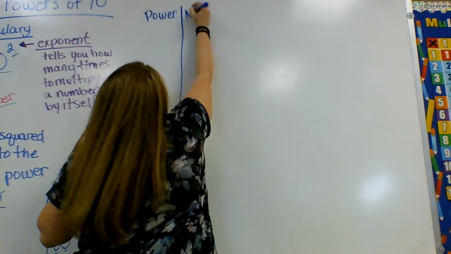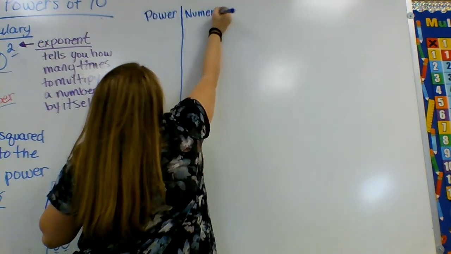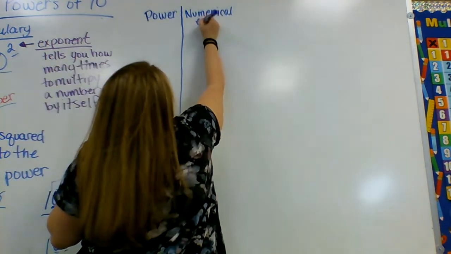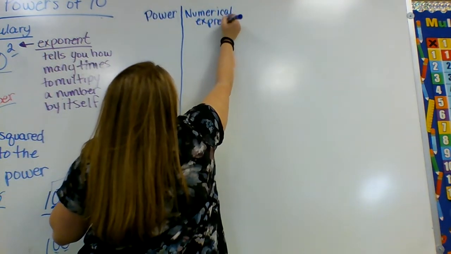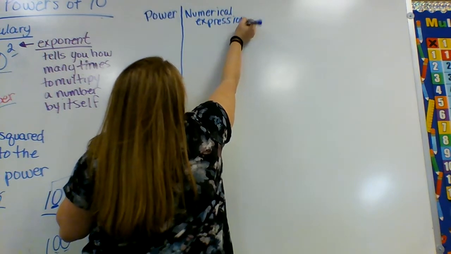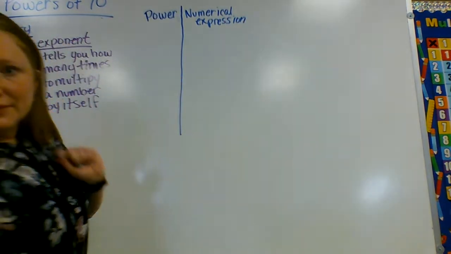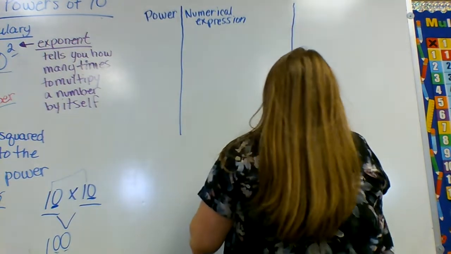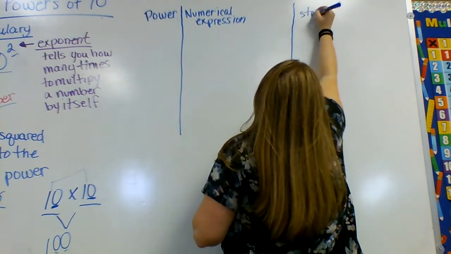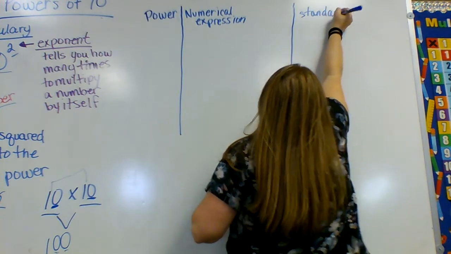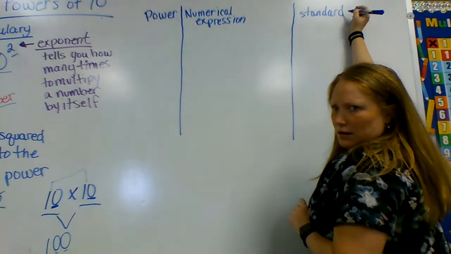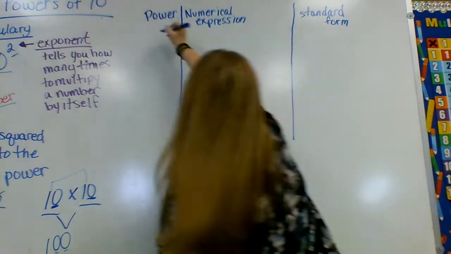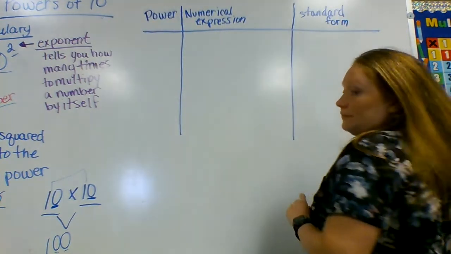Then I want you to write the numerical expression. And then draw a line, leaving some room on that one, and write standard form. Go ahead and write that down.